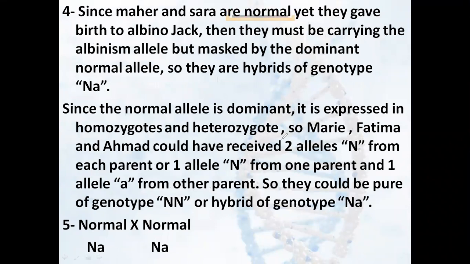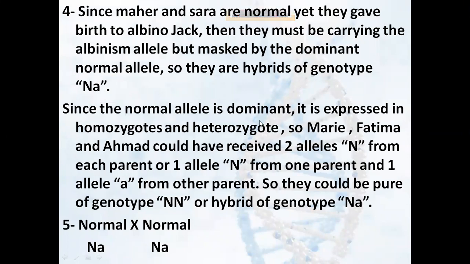Here you have to study the way to answer the pedigree. So they should be carrying the albinism allele, but it should be masked by the dominant. So they are hybrid or heterozygous, of genotype Na. Normal is dominant. So Mary, Fatima, and Ahmad could receive two alleles N, one from each parent, or one allele N or one allele a. So they can be NN or Na.